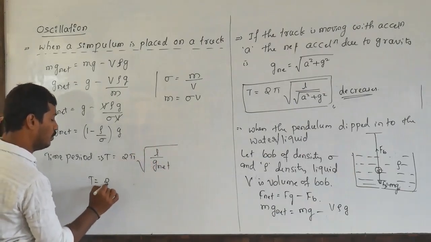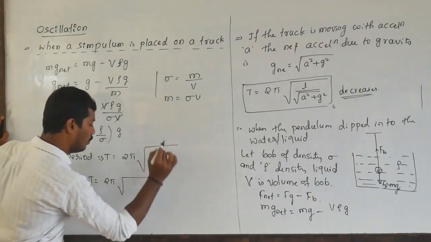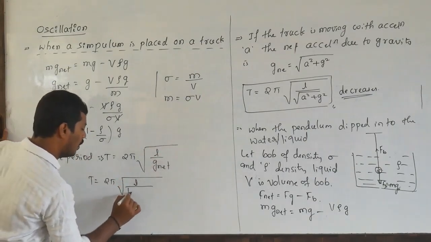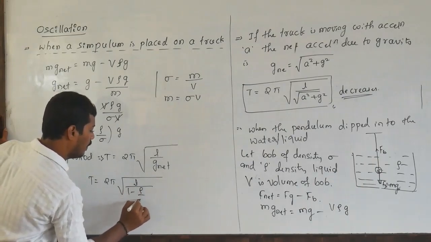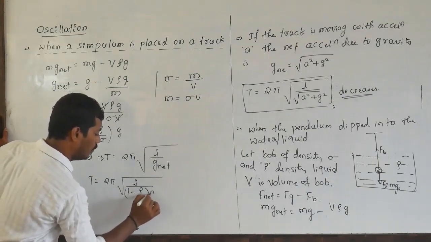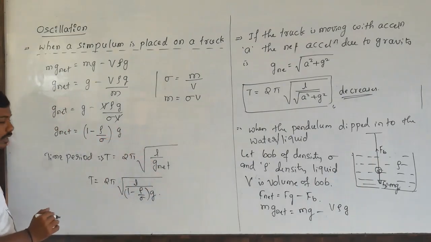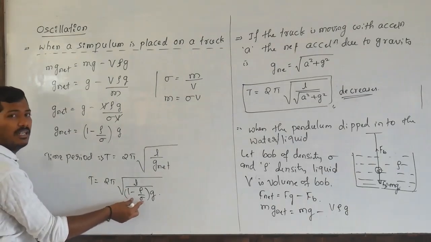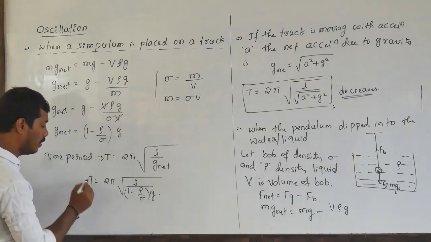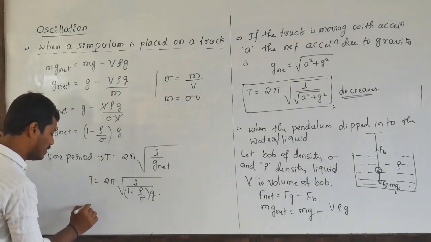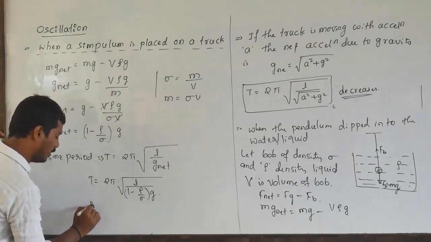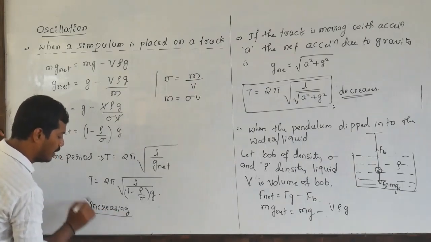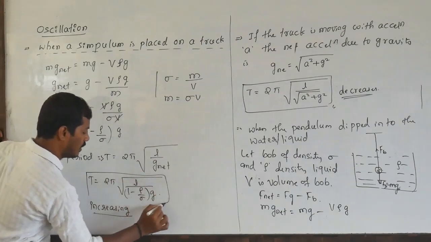That is, T is equal to 2 pi root of L divided by G into 1 minus rho by sigma. Now it is a subtraction, so the denominator is much less. So what about the time period? The time period is increasing in this condition.